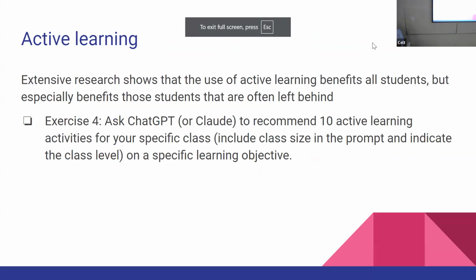Moving on to the next slide. These are just some examples, but here's a really good one for any type of modality. It's probably easiest to apply these in a face-to-face class, but you could ask an AI tool to recommend 10 active learning activities for your specific class, and to be sure to include the class size in the prompt and indicate the class level.